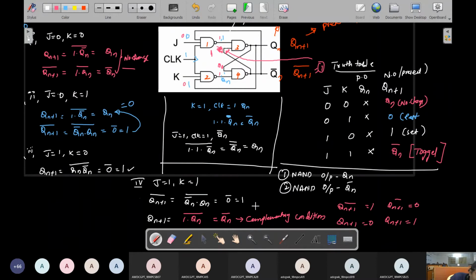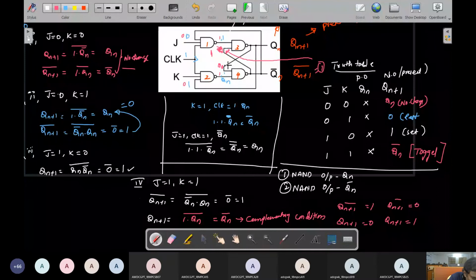The state is not fixed, so this state is continuously changing until another clock pulse is given to this JK flip flop. So this condition is called toggle condition. And toggling means every time it is triggering like a clock pulse, high low high low high low, but it is not set to one value, it is completely changing. So this condition is called toggle condition, and this is also called a race around condition. So right now I'll explain what the race around condition is. Please note, everybody, I'll move to the next page.